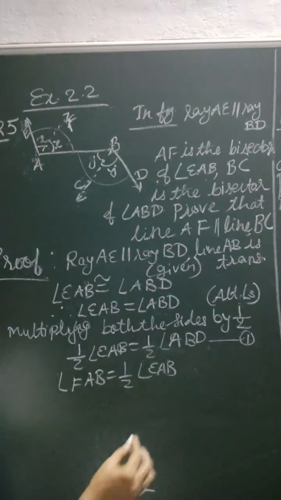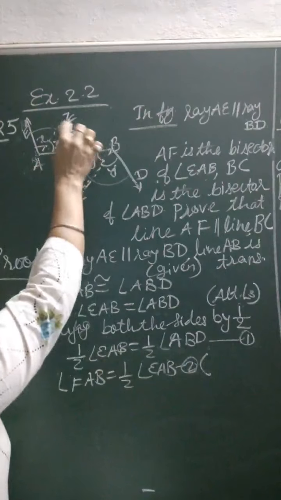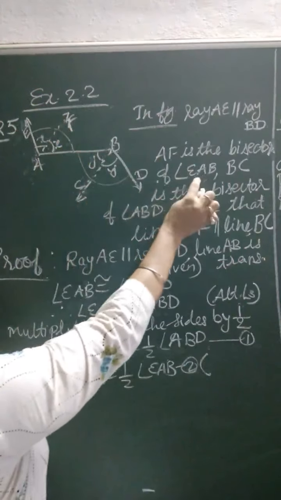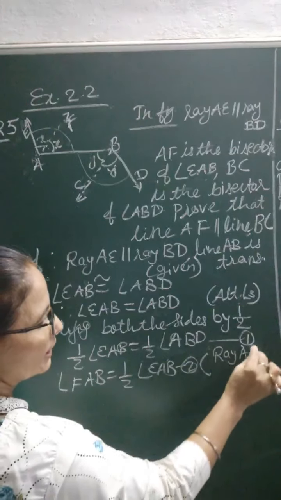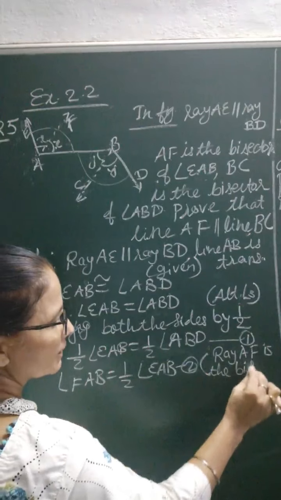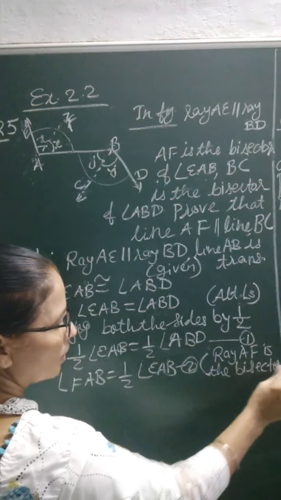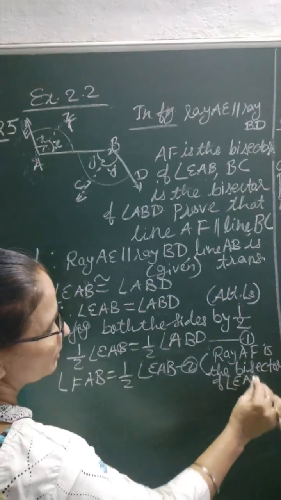Why? What is the reason? Let us give this as number 2. And the reason is what? AF is the bisector of angle EAB. It is given. So you will write here the reason that ray AF is the bisector of angle EAB.